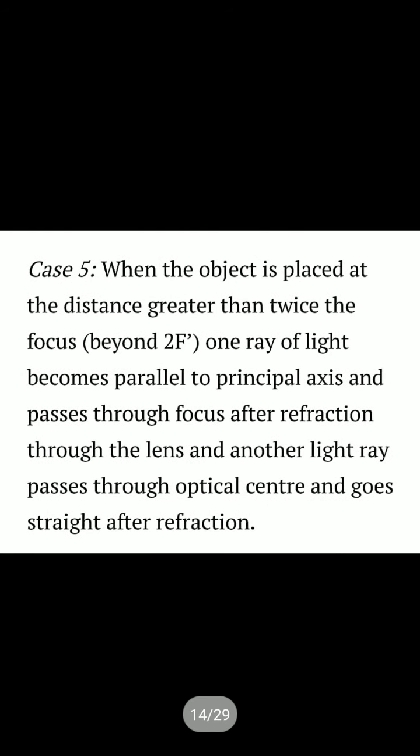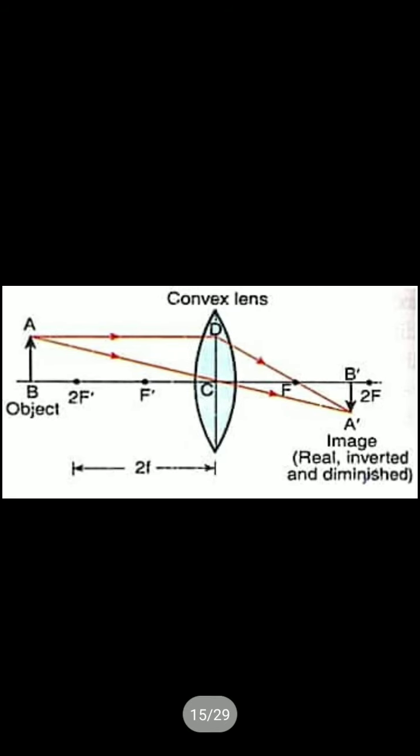Fifth number. When the object is placed beyond 2f dash, where is the image formed? On the right hand side, in between f and 2f. See the diagram? In between f and 2f, not at the middle, but at any point in between f and 2f the image will be formed.